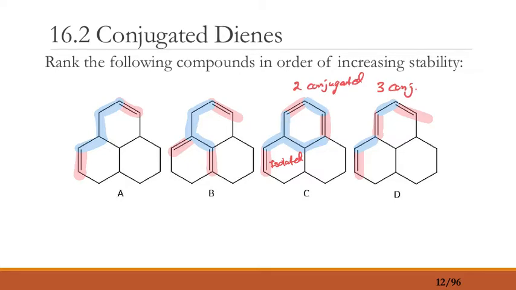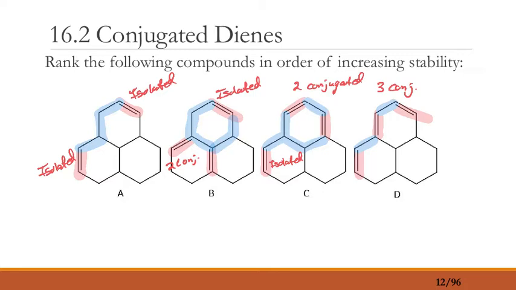And let me highlight over here too. All right. We have these 2 conjugated and this one isolated. And then we have isolated and isolated. That's one thing to look at.